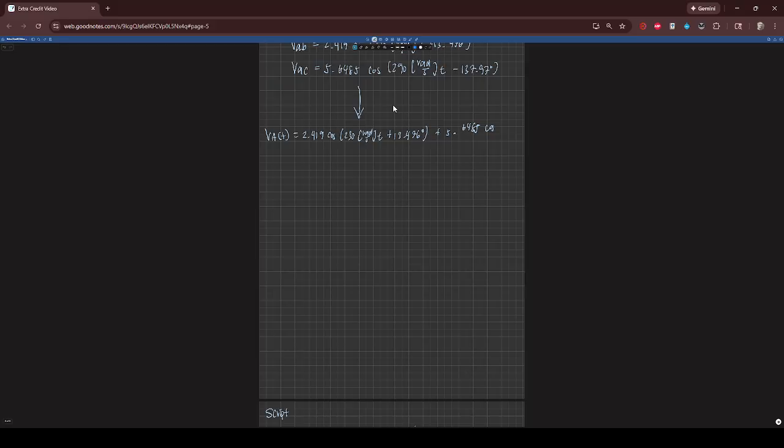The unit is volts. And then that is your final answer right here.